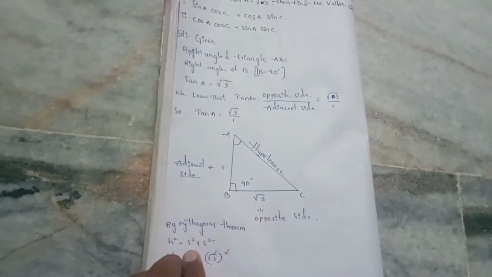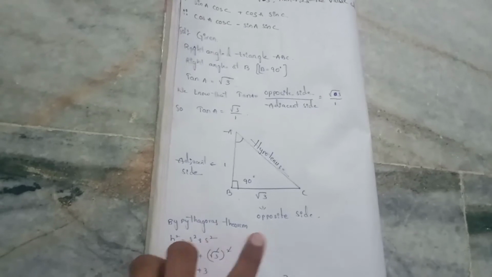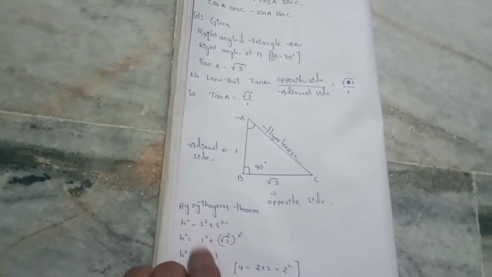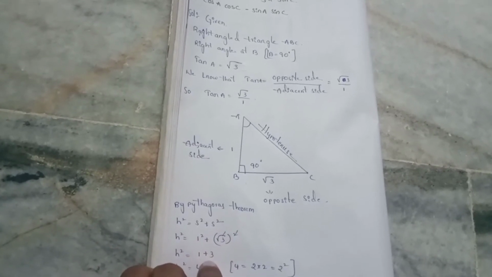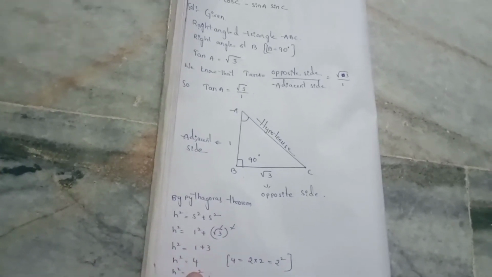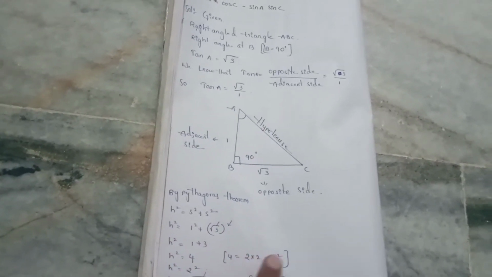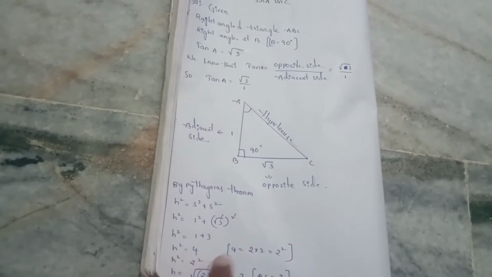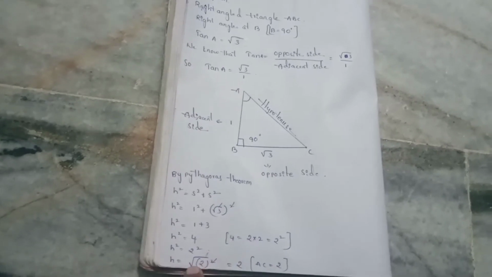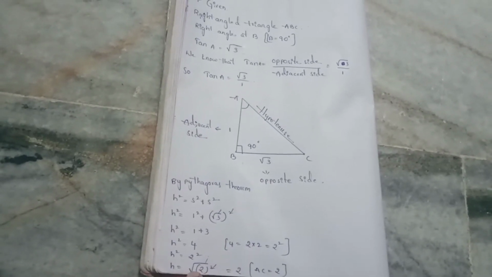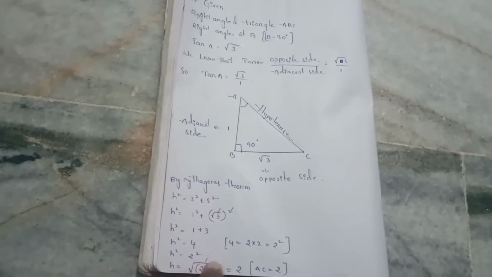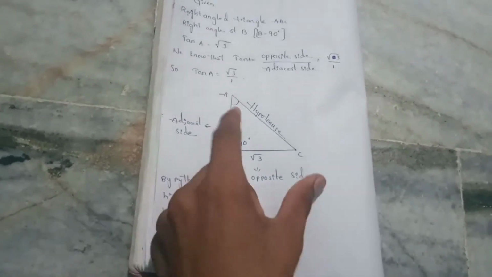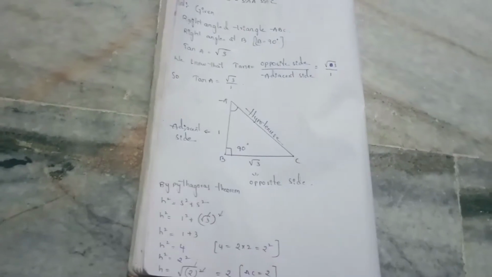So 1 square plus root 3 whole square. The square and root cancel here. 1 square means 1, plus 3, 1 plus 3 is nothing but 4. 4 can be written as 2 into 2, nothing but 2 square. The square goes to the right-hand side and becomes a root. H is equal to root of 2 square. Square root cancels here. Hypotenuse is nothing but 2. So this AC is nothing but 2.